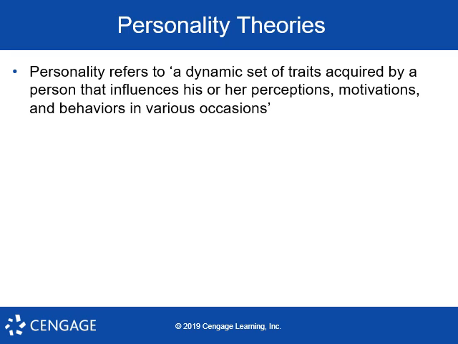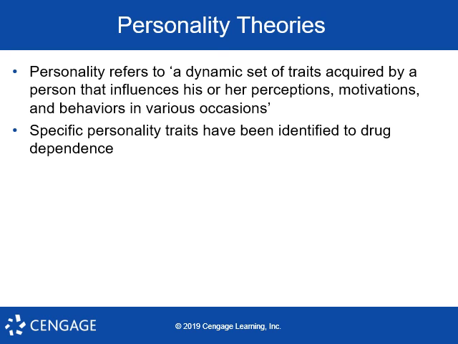So, personality theory. I'm sure everybody here has probably heard the term, well, this person so-and-so has an addictive personality. We use that term a lot. And personality refers to the dynamic set of traits acquired by a person that influence his or her perception, motivations, and behaviors on various occasions.